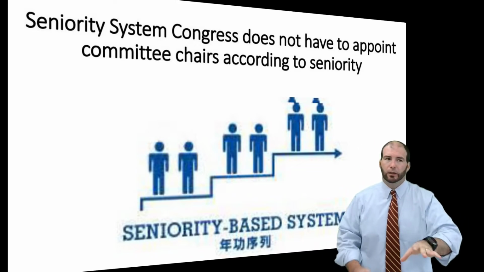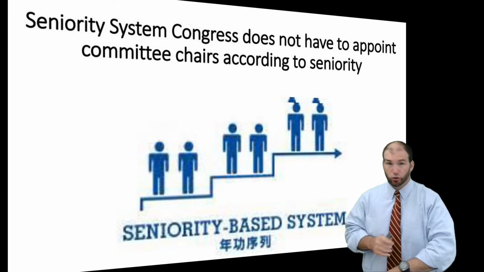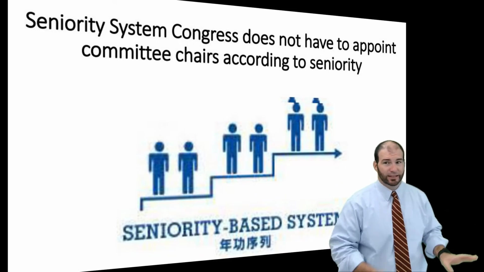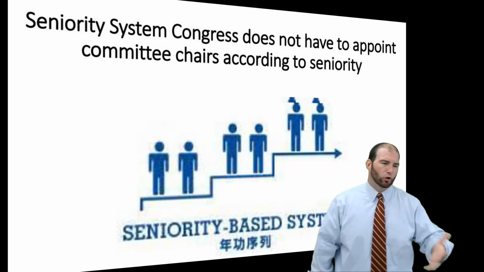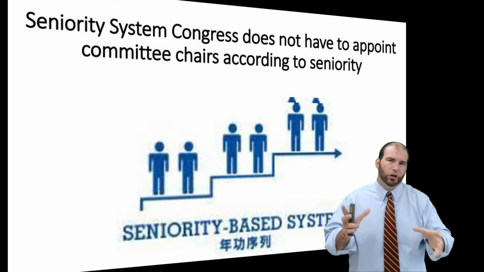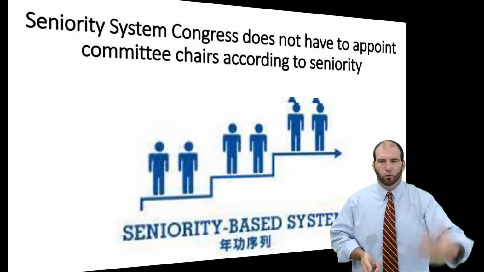So committees are extremely important in the House of Representatives and the Senate. They also give some oversight of the other branches, but the main job of committees is to decide whether a bill goes forward or not.